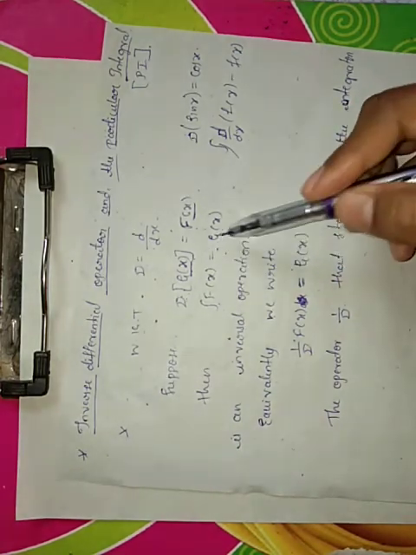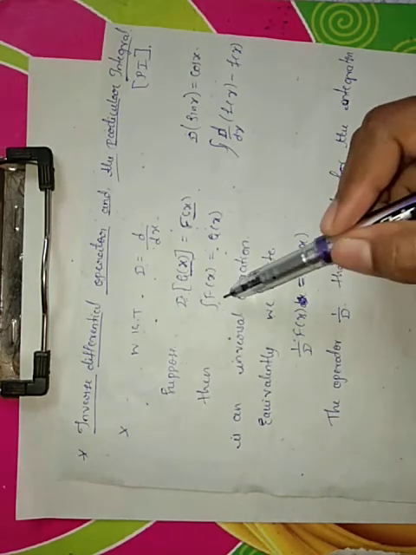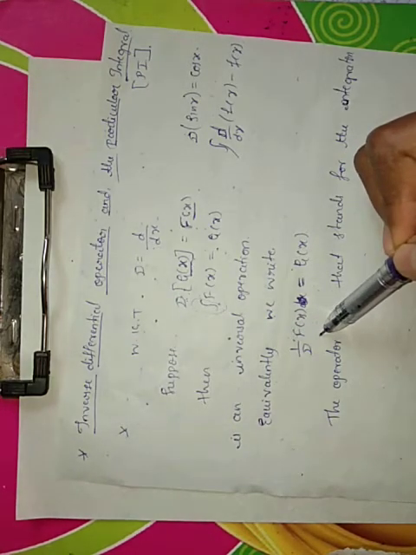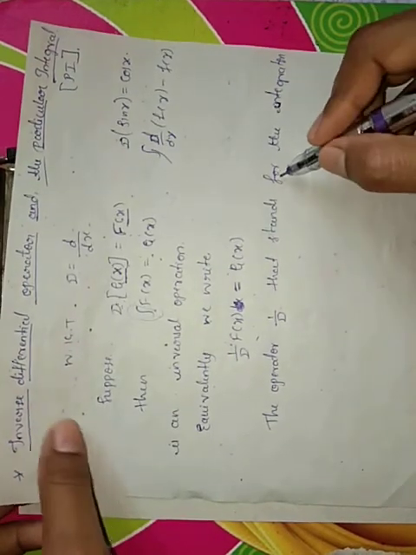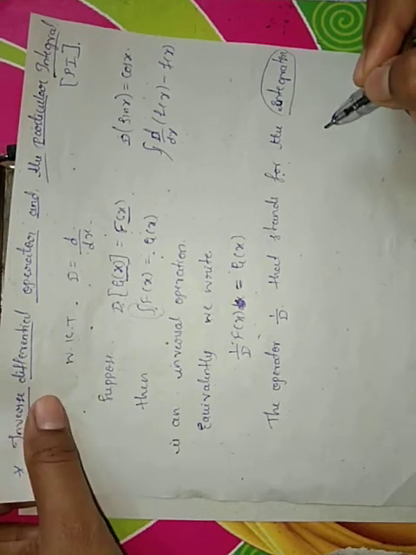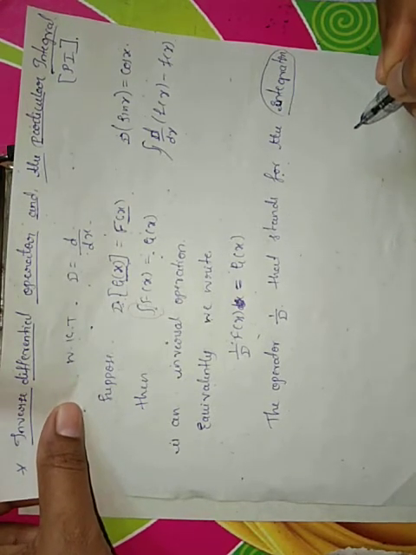Now comparing these two, if the RHS is the same, then the LHS is also equivalent. So instead of integration, here it is 1 by D. That is nothing but the operator 1 by D stands for the symbol of integration.